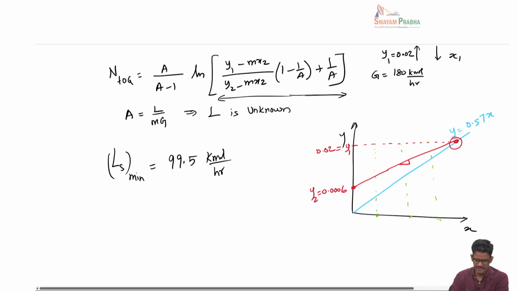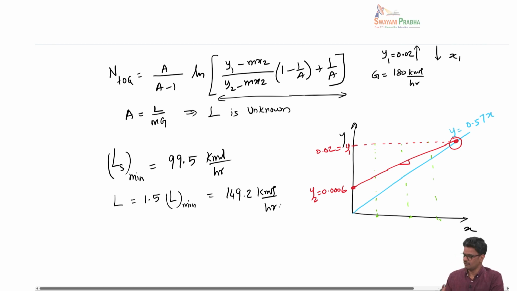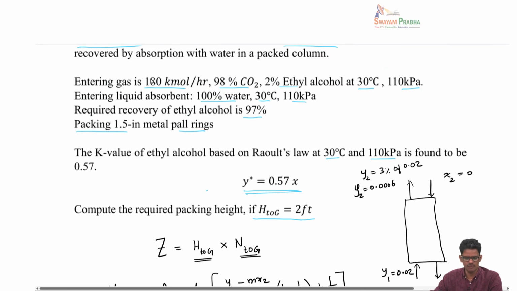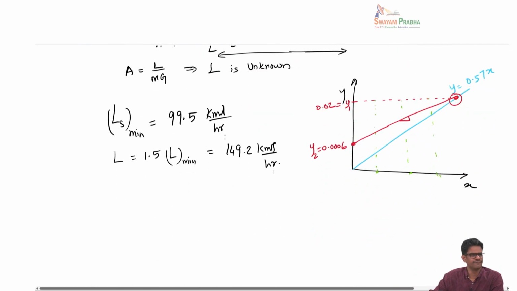Then I'll say my L is 50% more than L minimum, which is basically 149.2 kilomole per hour. Well, if you didn't care and you just said L is equal to G, you are still not too far off. G is 180 moles per hour and L is something like 150 moles per hour. Even if you say 180, it doesn't matter. It's a fair choice if you don't care to do the LS minimum calculation.